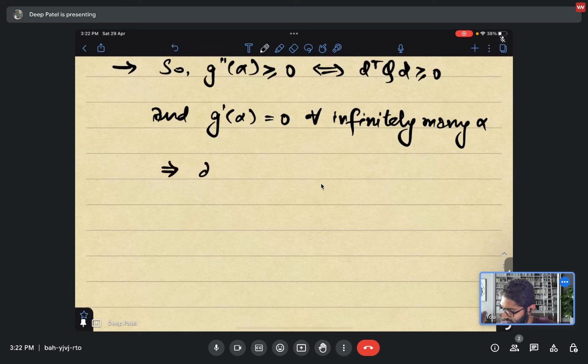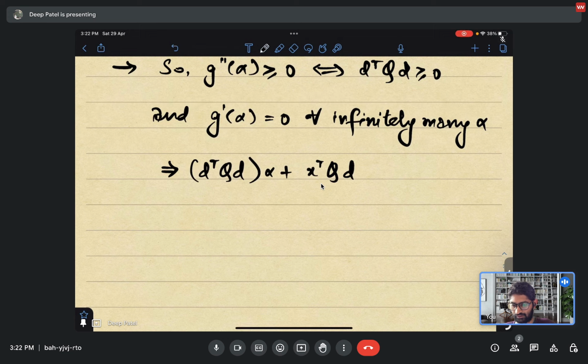Right, so I'm just writing g dash alpha here.